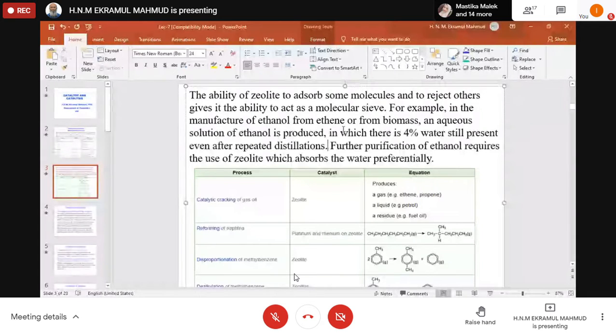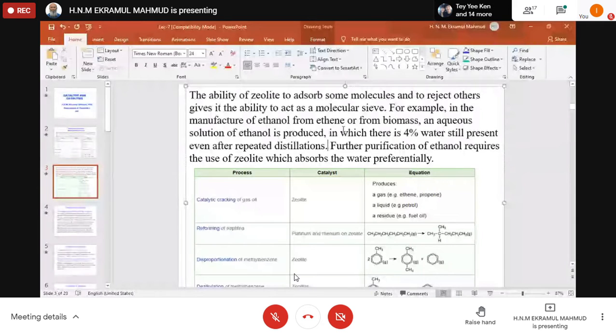So when this mixture forms, we use zeolite to absorb that water. Zeolite absorbs water. This is not a catalyst. However, the role of this zeolite is to take this water out. So further purification of ethanol requires the use of zeolite, which absorbs the water preferentially.